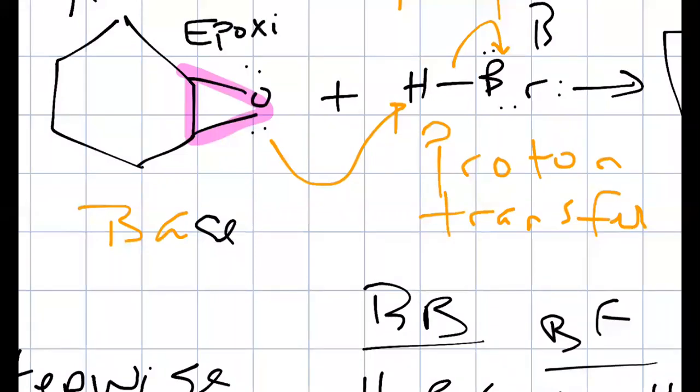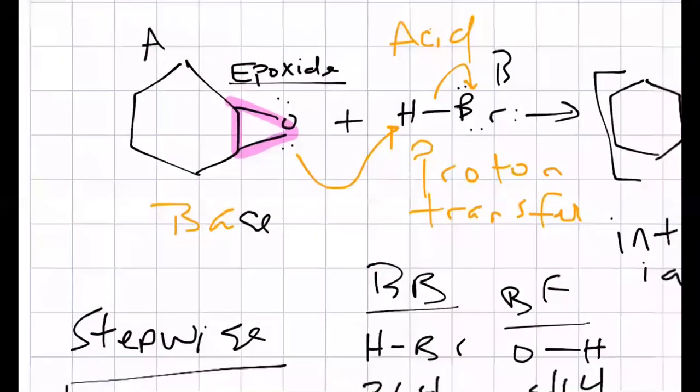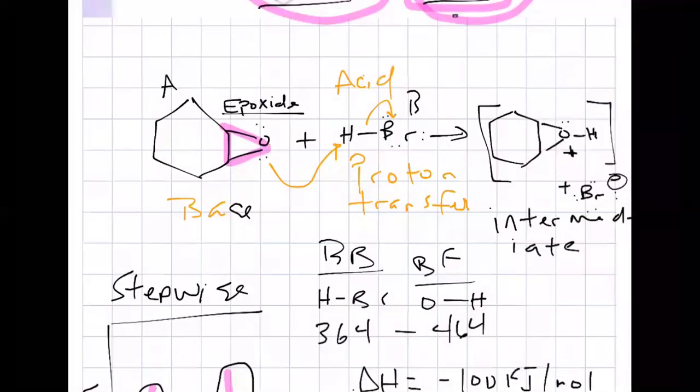Might as well give it to you while we're here. When we get ready to talk about alkenes and how they react, one of the main reactions we're going to look at is how to make epoxides. So might as well sneak you a little information.